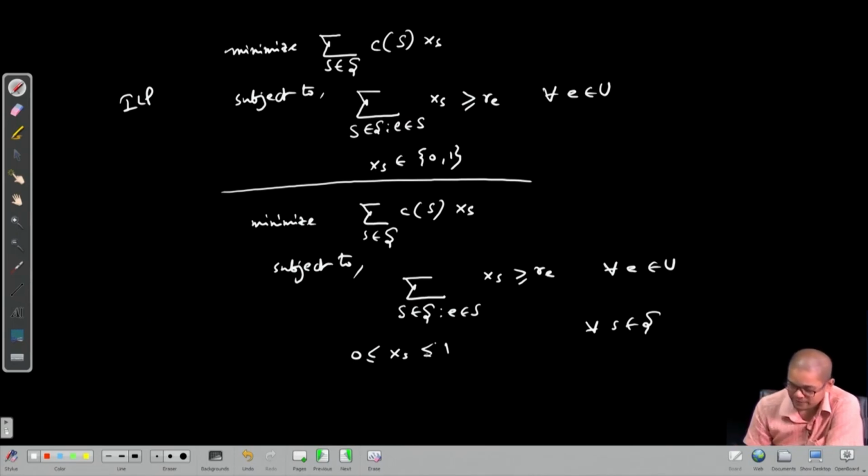If we drop it, the best solution may pick more than one copy of a set S. That is why we need both constraints.